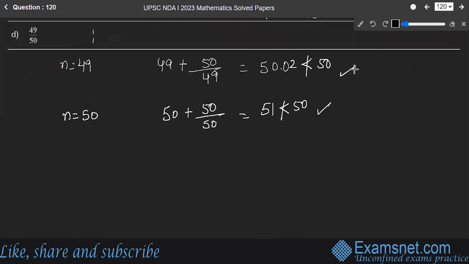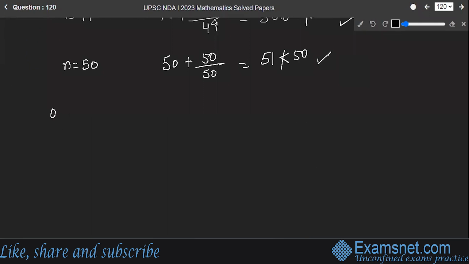So that means out of 50, 3 cases will not satisfy the given inequality.